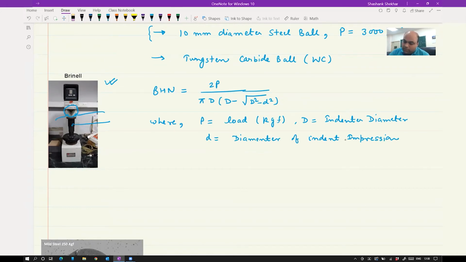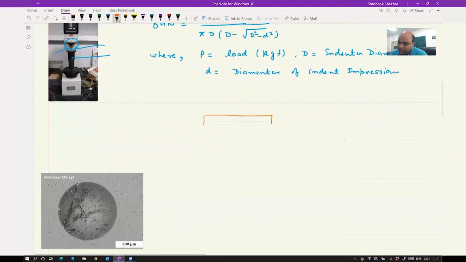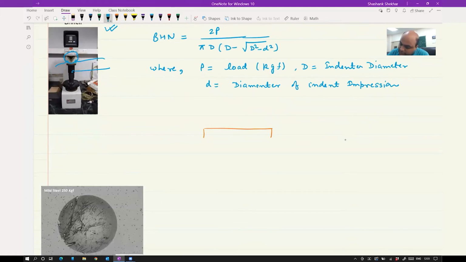Since we are using a ball indenter of 10 millimeter, suppose I have an alloy or material and we are using the ball indenter here. Something like this. This is your ball indenter, and this is your sample.